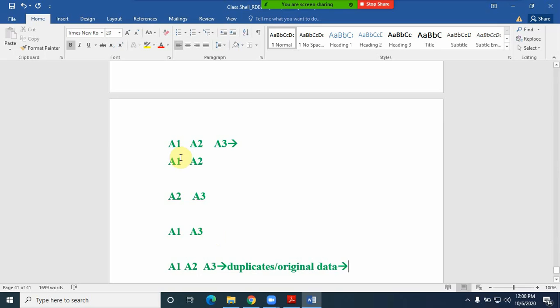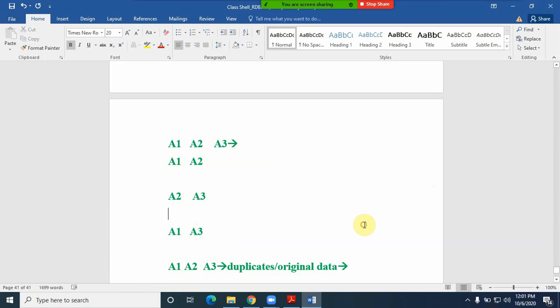Now observe, I am having certain attributes with me, A1, A2, A3, and for the purpose of processing queries, I have taken only A1, A2, and after some time I want to process a query involving A2, A3, and we are having A1, A3 also, like three different sets of attributes.